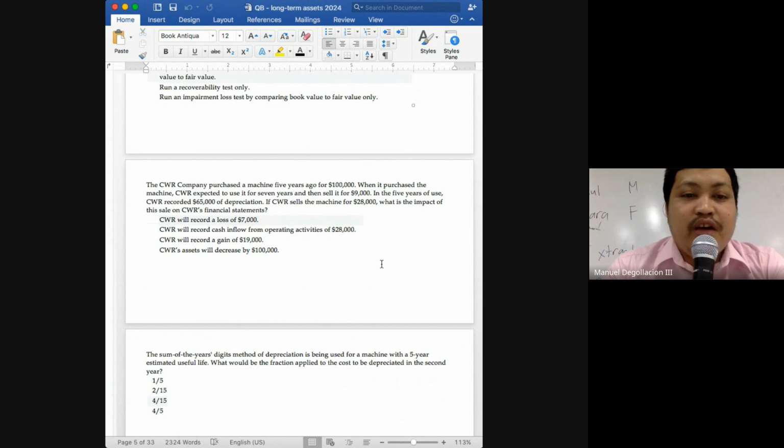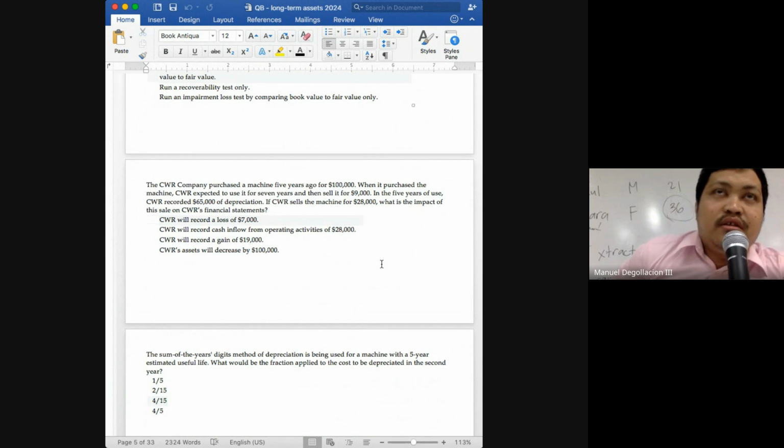Now, do we have the two things we need to solve for the gain or loss on disposal? Yes. So selling price of 28,000 and then carrying amount of 35,000 will give you a difference of 7,000. Is that a gain or a loss? 28 minus 35.